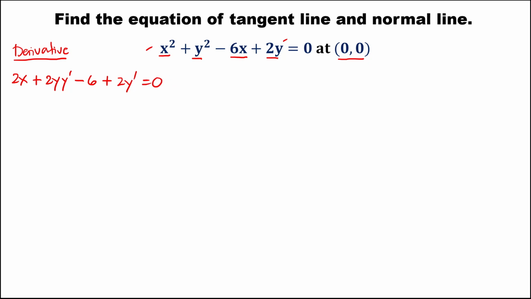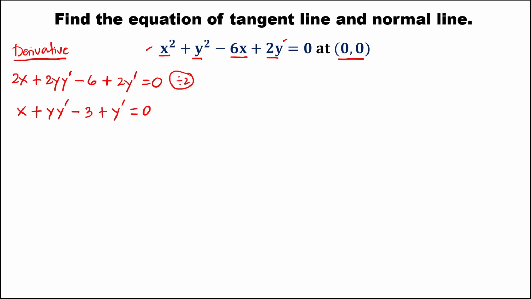Since every term is divisible by 2, we need to reduce. So divide by 2: this becomes x, plus y prime, minus 3, plus y prime, equals 0.